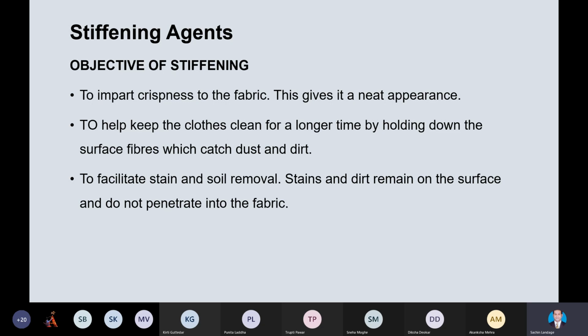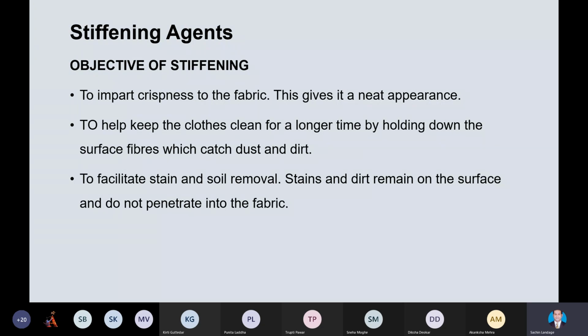Next, another advantage we get because of the application of the stiffening agent is that it helps to keep the cloth clean for a longer time by holding down the surface fibers which catch dirt and dust. If you see a spun yarn fabric, we get protruding fibers, and on those protruding fibers the dirt and dust gets adhered. That is a mechanical deposition, and later it gets impinged.